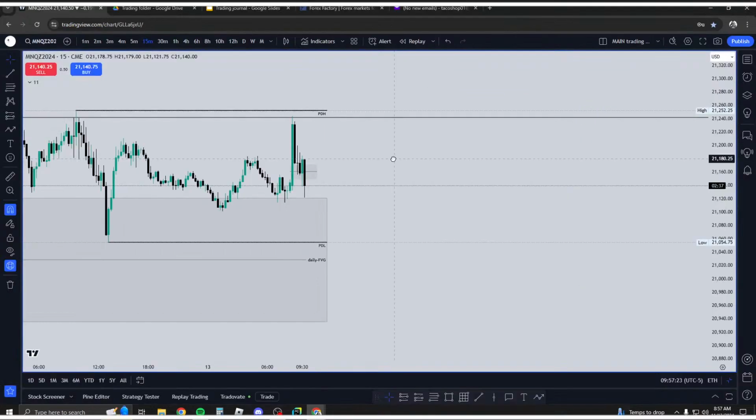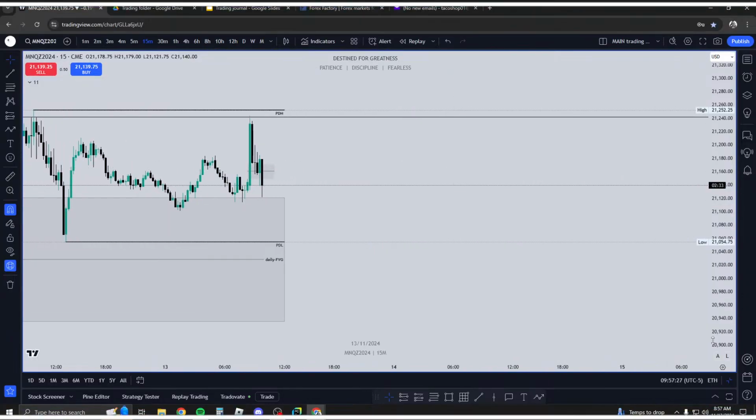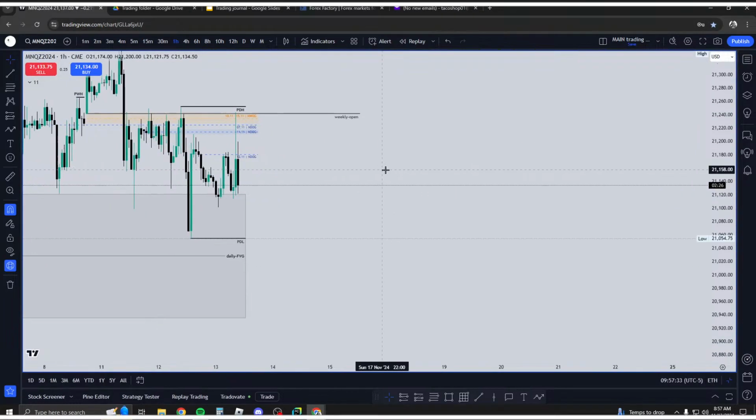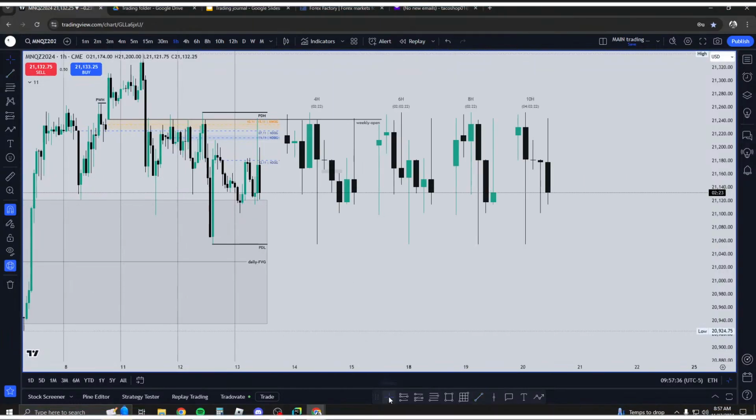So like I said, I wanted to see how we close here on this hourly candlestick and this 4-hour candlestick, right? So this 8-hour candle and this 4-hour candle right now.